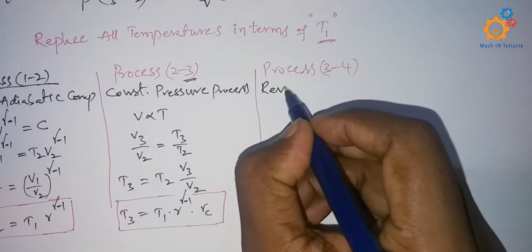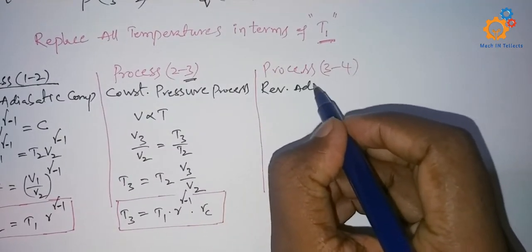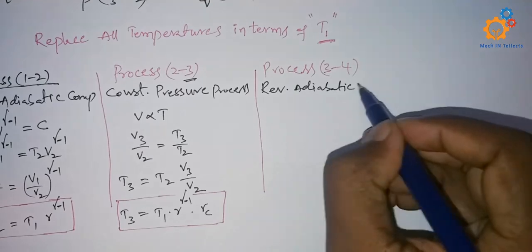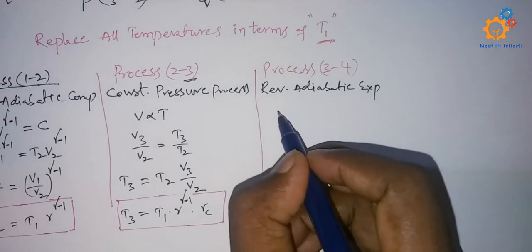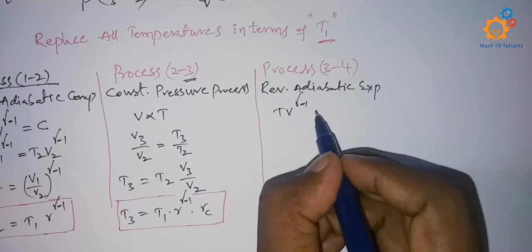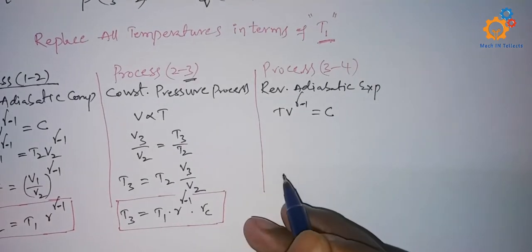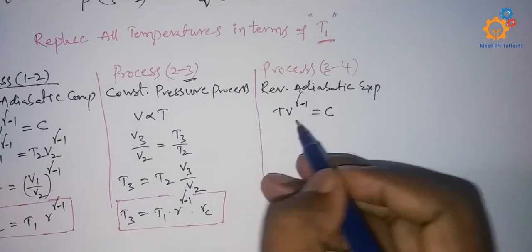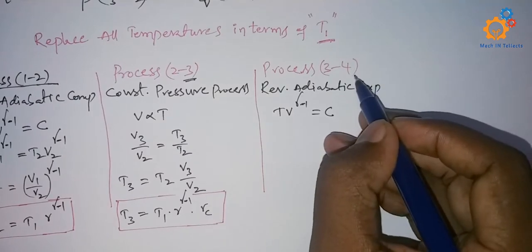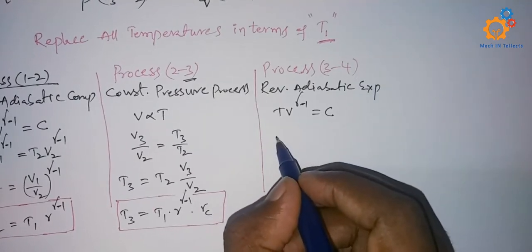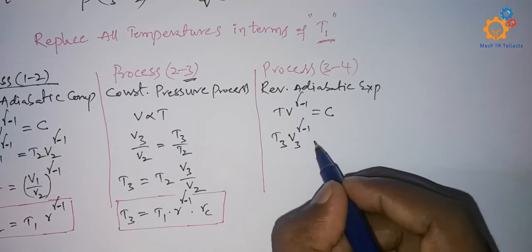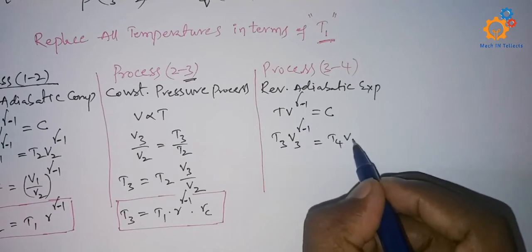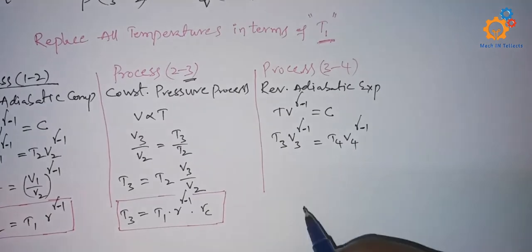So reversible adiabatic expansion process, where Tv power gamma minus 1 is equal to constant. If you apply this relation to process 3 to 4, you will get T3 V3 power gamma minus 1 is equal to T4 V4 power gamma minus 1.